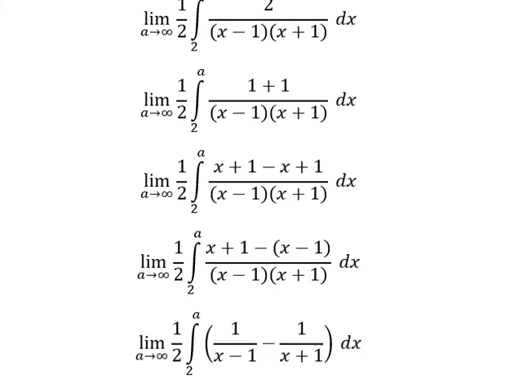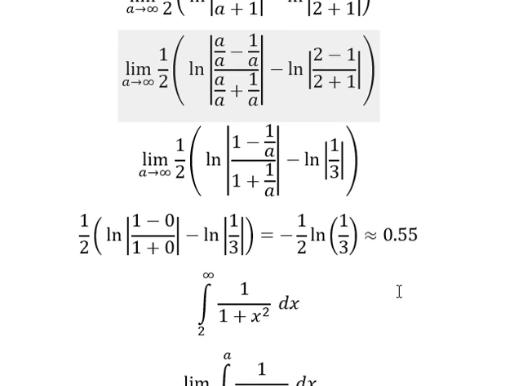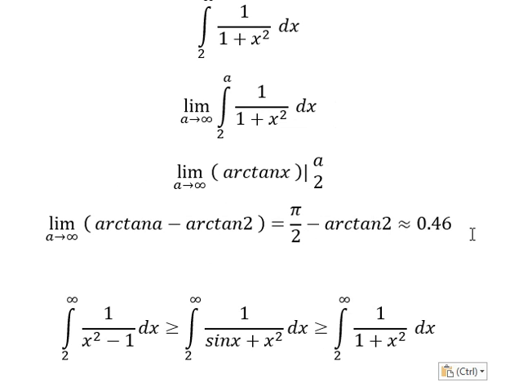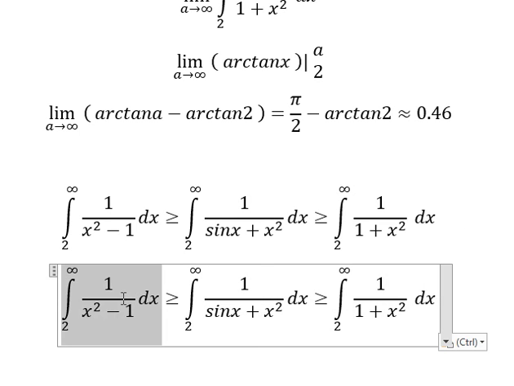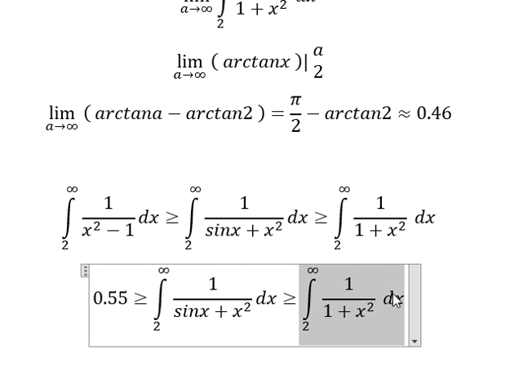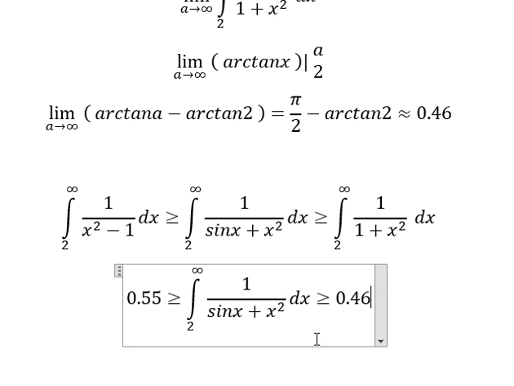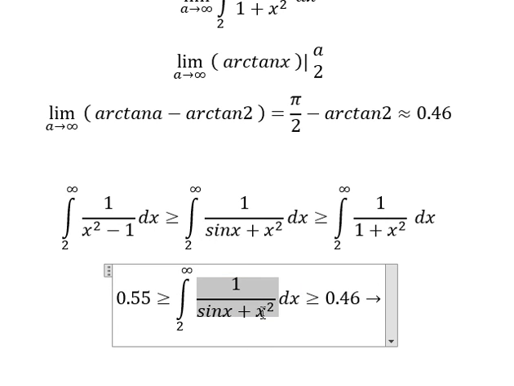And now we go back in here. So this one is about 0.55. This one is about 0.46. So on the left and on the right we find the exact numbers in here. That means this one should be convergent.